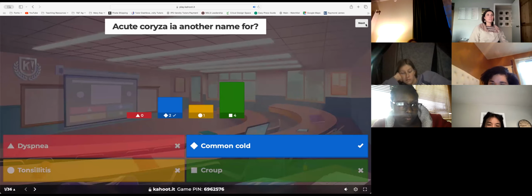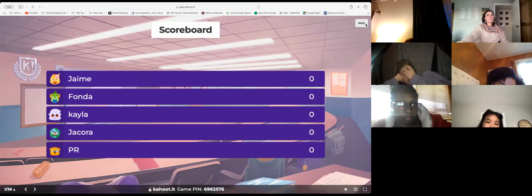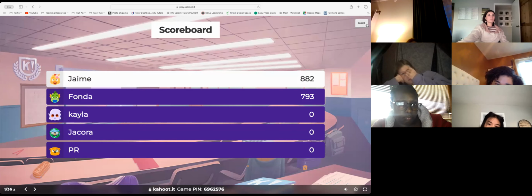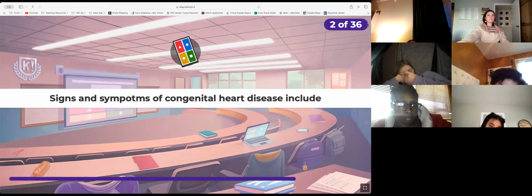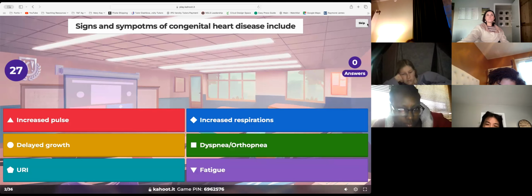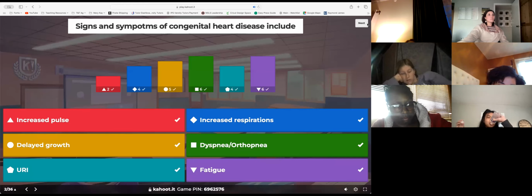So acute coryza is another name for our common cold. Signs and symptoms of congenital heart disease are going to be that increased pulse, that delayed growth.